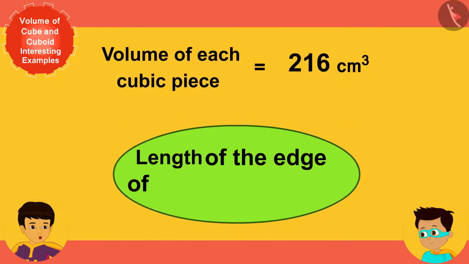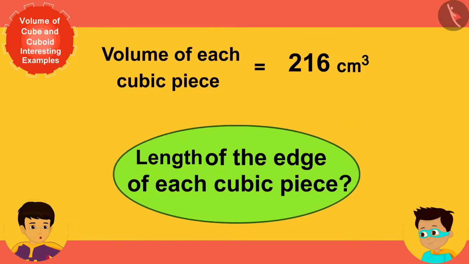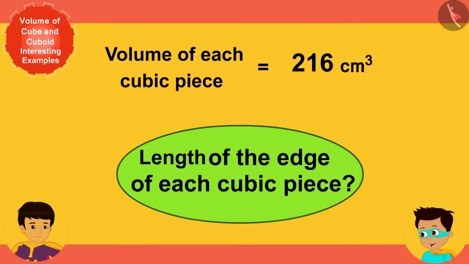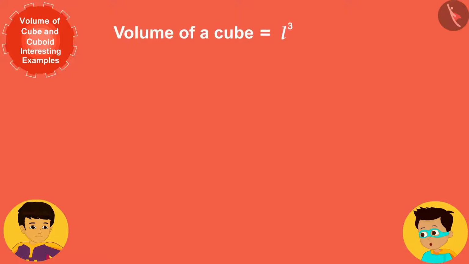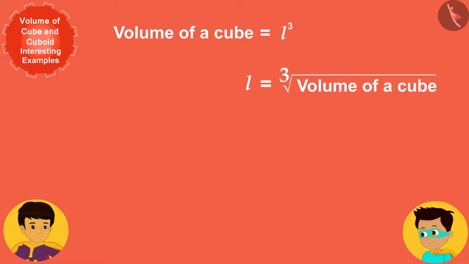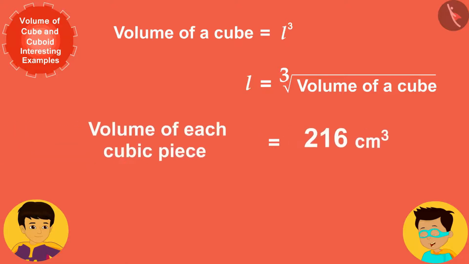But now how will we find the length of the edge of each cubic piece? It's simple. Because the volume of a cube is the cube of its side, therefore, the measurement of the side of a cube will be the cube root of its volume.